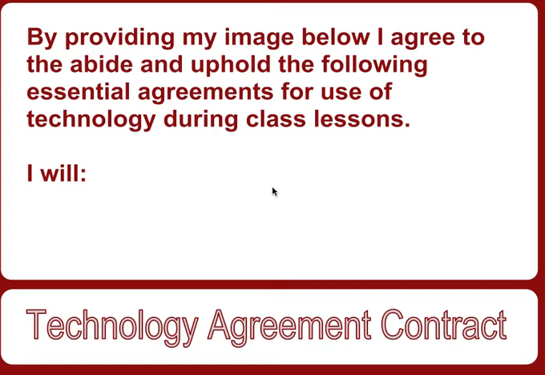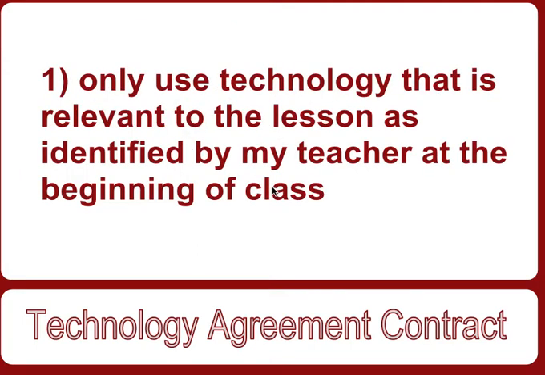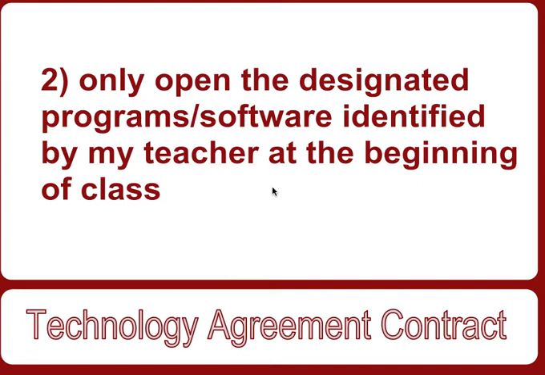So, by providing my image below, I agree to abide and uphold the following essential agreements for use of technology during class lessons. I will use only technology that is relevant to the lessons as identified by my teacher at the beginning of class. Only open the designated programs or software identified by my teacher at the beginning of class.